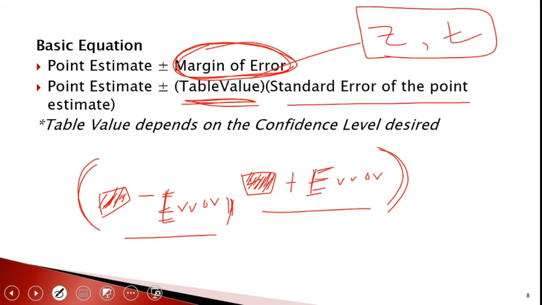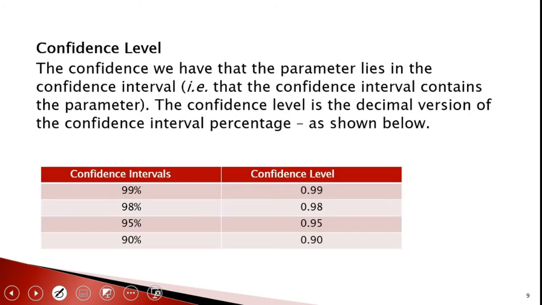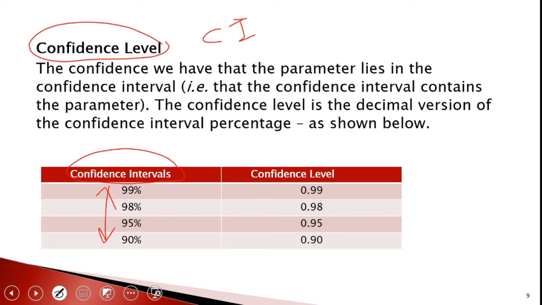Okay, confidence level. Do you remember this guy? Confidence level, who lives inside the confidence interval. Okay, see, check this one. There are a few confidence level values. They are percentages.